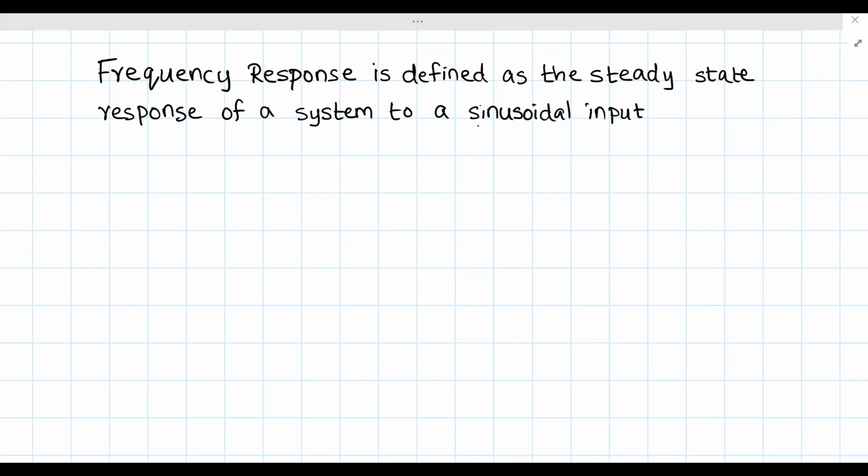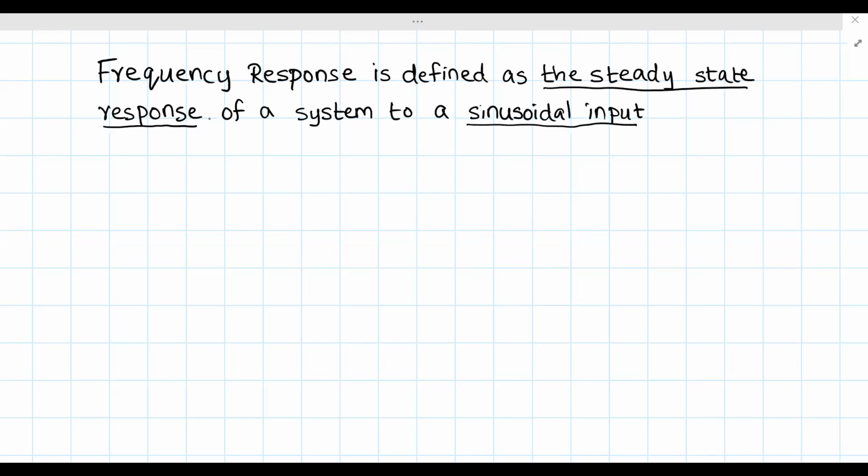So when you're applying a sinusoidal input to a system, what is the output at steady state? Steady state response. Response means output as a function of time t. Okay, so that is what we mean by frequency response.